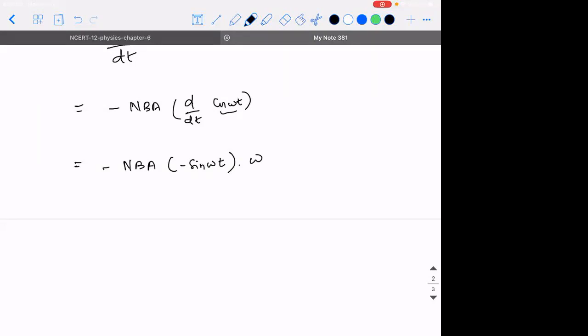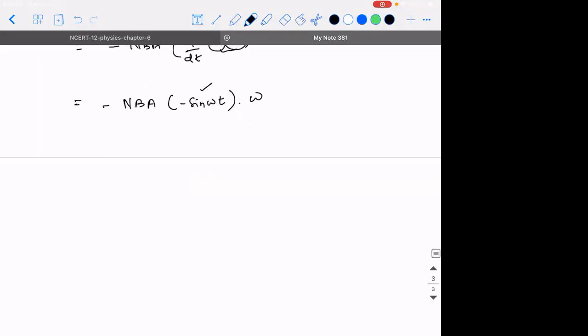So derivative of cos is minus sine of omega t, into the derivative of omega t, which is omega. This will be NBA omega into sine of omega t. Is that right? This is the value of EMF that will get generated, as an alternating value.